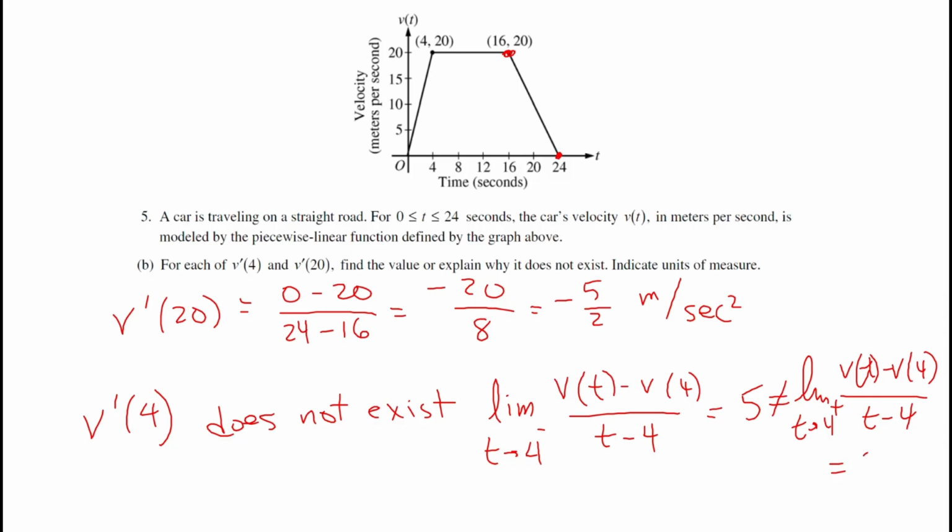Like we can see that's a horizontal line. That slope is 0. So just note that the slopes are not the same approaching both sides, and you should get all 3 points here. 1 for saying it doesn't exist with an explanation, 1 for getting negative 5 halves, and 1 for the correct units.